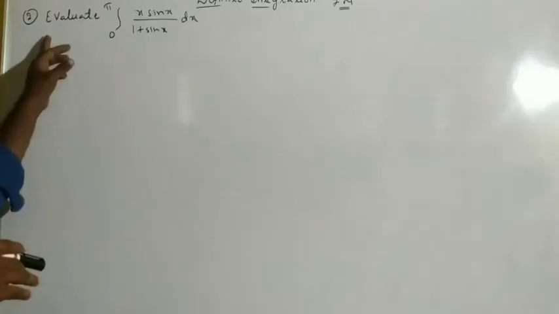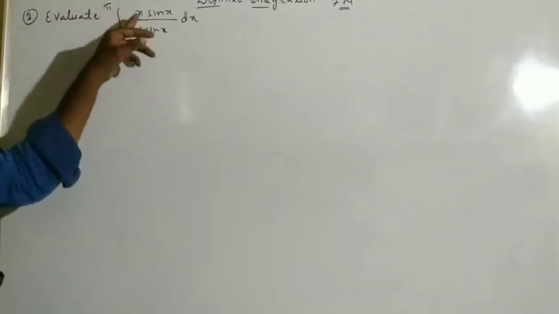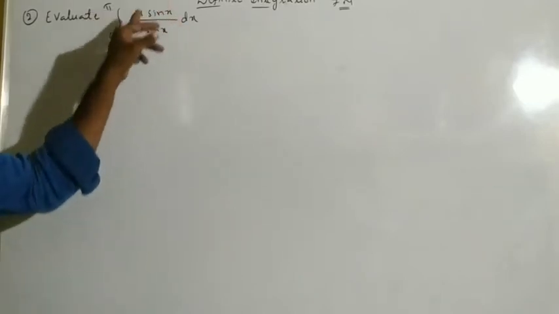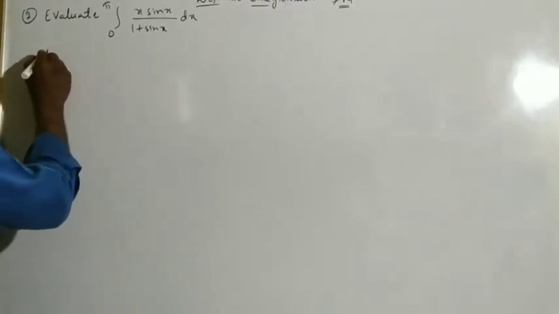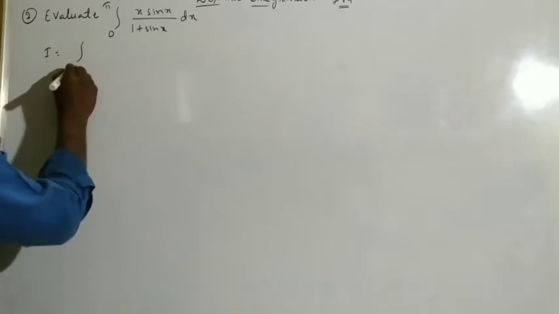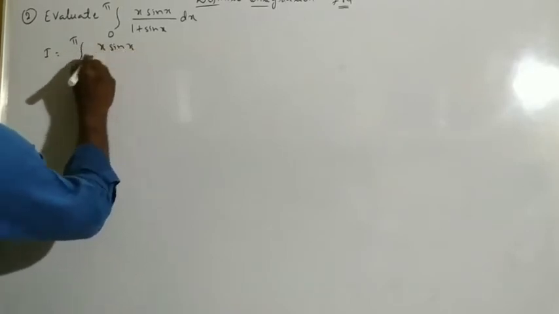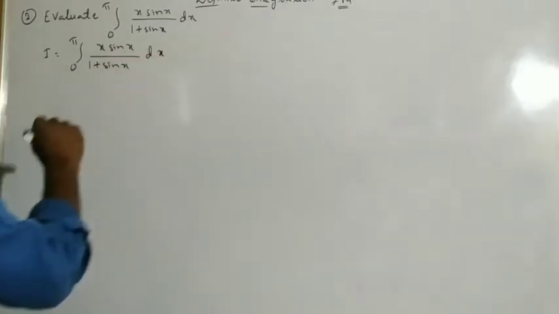Next question here, evaluate the integral from 0 to pi of x sin x by 1 plus sin x dx. Both the numerator and denominator have sin x, so we can write like this. I equals integral from 0 to pi of x sin x by 1 plus sin x dx.